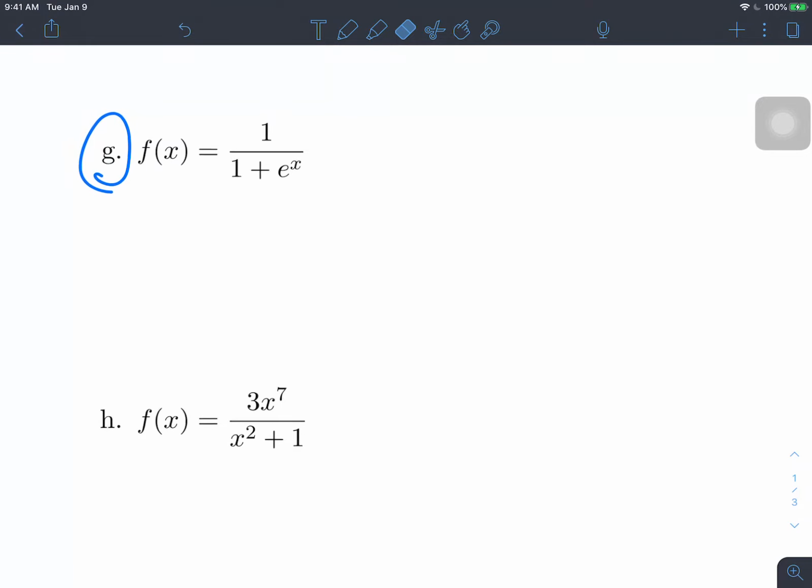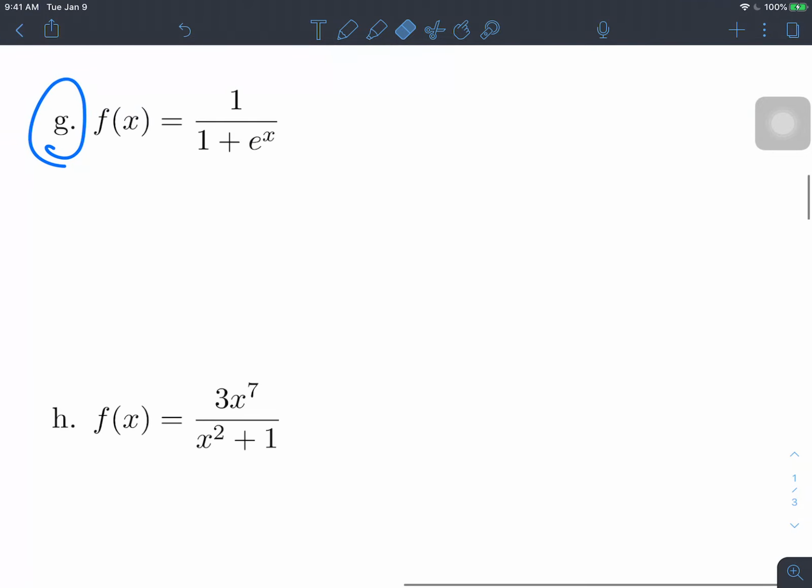Use any method that you like. I will tell you in advance that although the quotient rule will work to do this problem, it's not completely necessary. Let you guys think about that for a while.